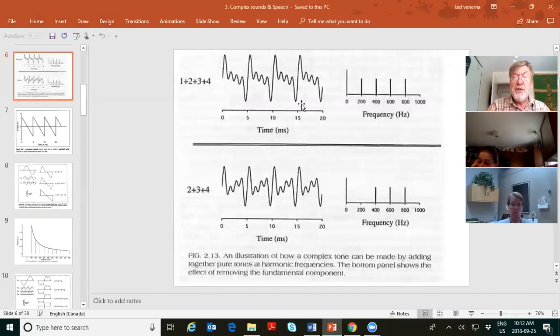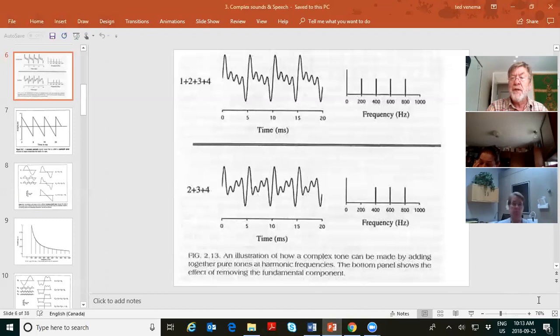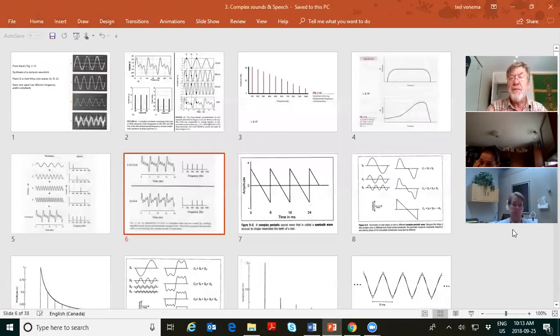Okay? Now when we start to look at the word beats, when adding two sinusoids together that are close in frequency, the whole wave envelope is going to show up and down amplitude increases. I'll show you what that looks like. Very different. Okay?